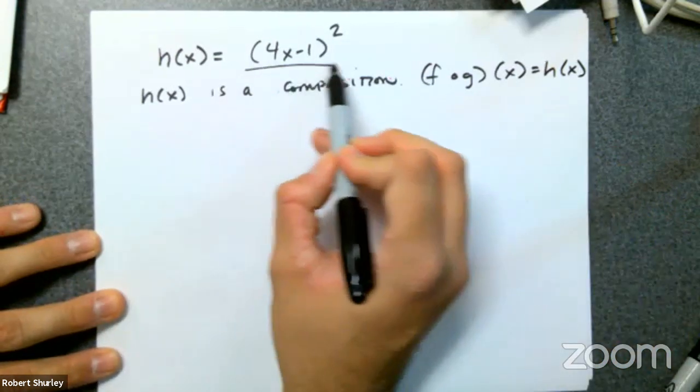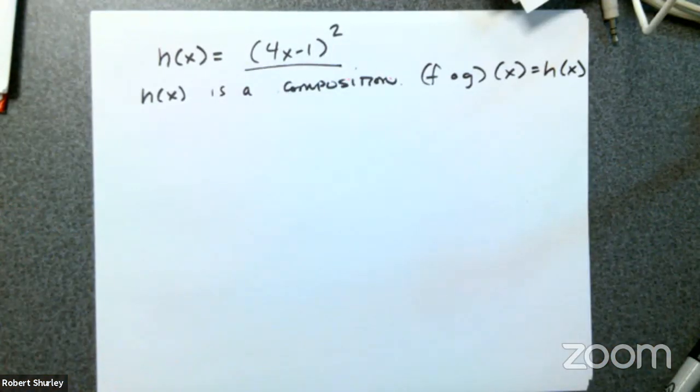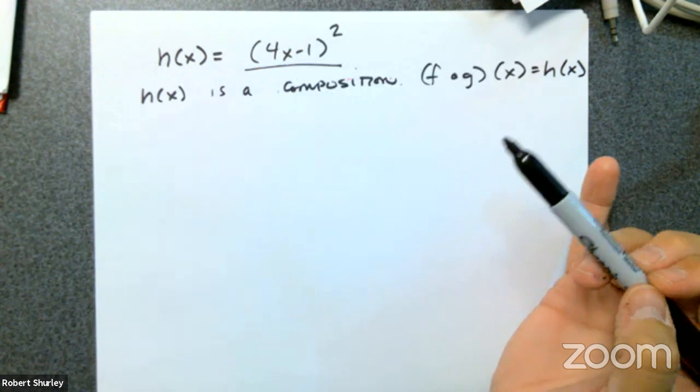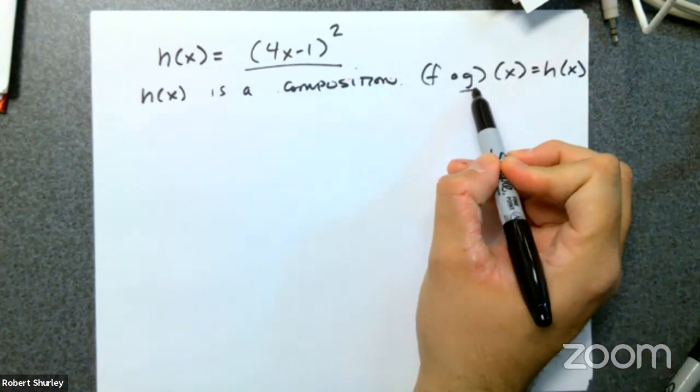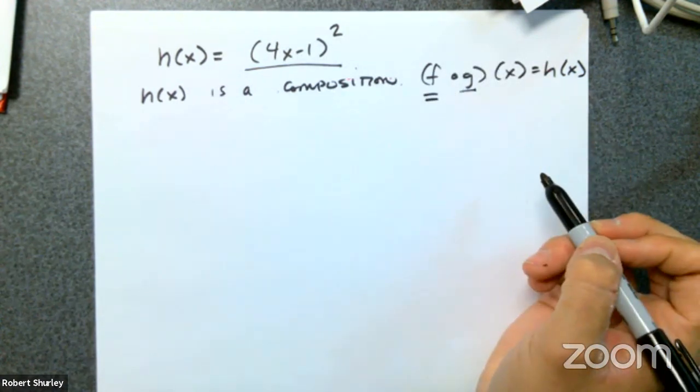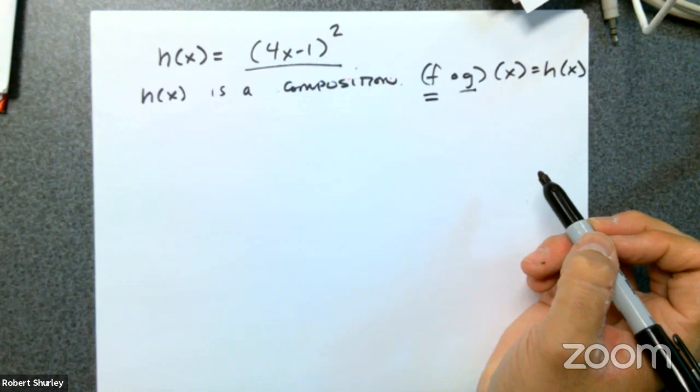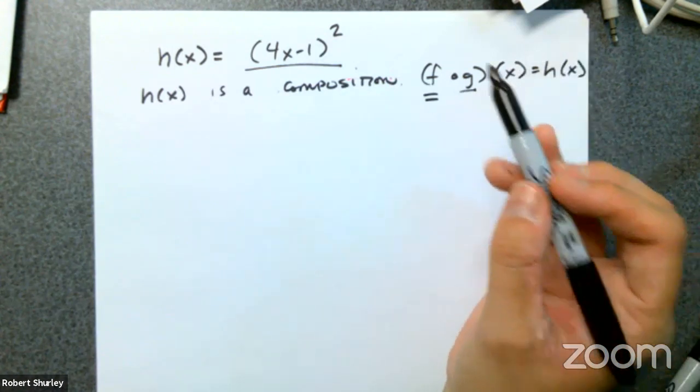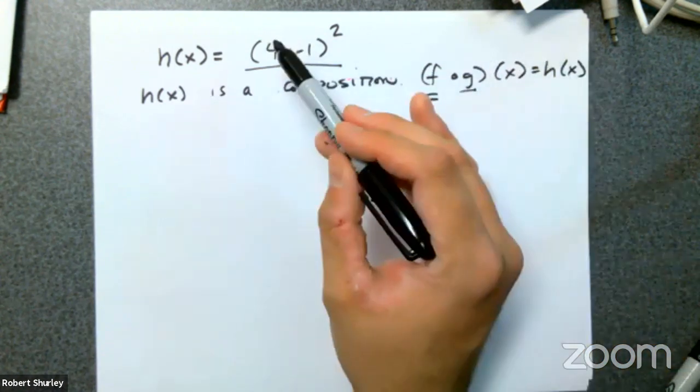So I need you to look at this, and especially if you're going to go on to a calculus class, a business calc or a calc 1, you're going to need this in the tool bag, okay? And what you're doing is you've identified a composition, and what you've got to do is identify the inside and the outside functions that create the composition, okay?